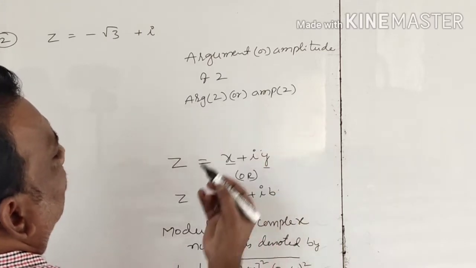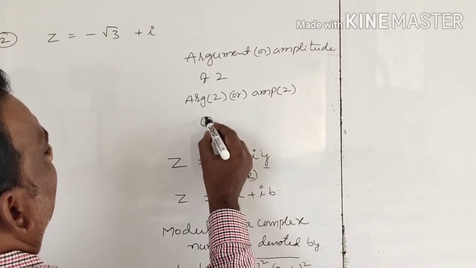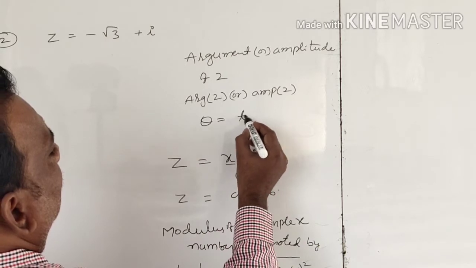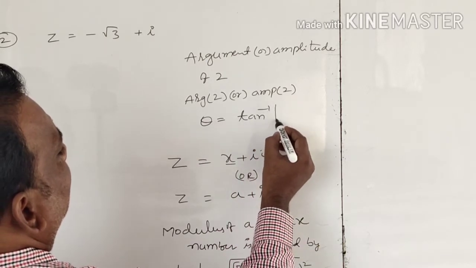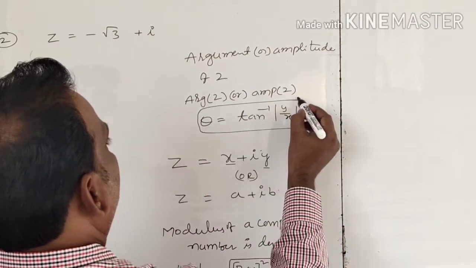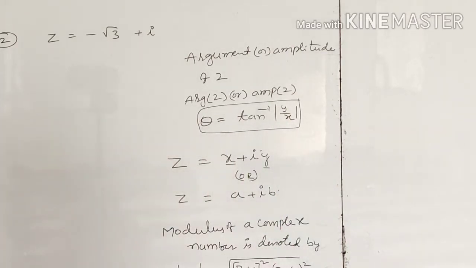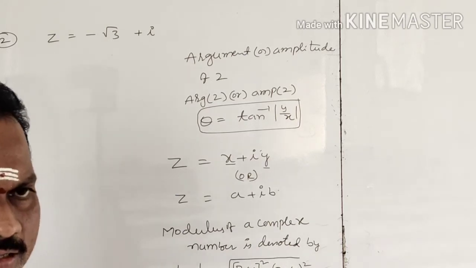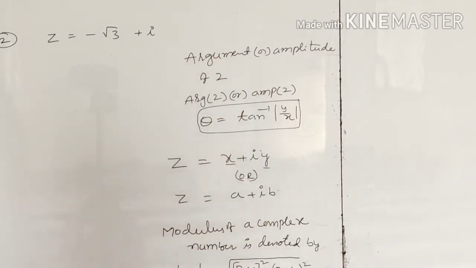That means amplitude and argument. Theta is equal to tan inverse mod of y by x. This is the formula. This also, I told, depends upon the quadrants: first quadrant, second quadrant, third quadrant. So just recall these, and I will solve the first problem.